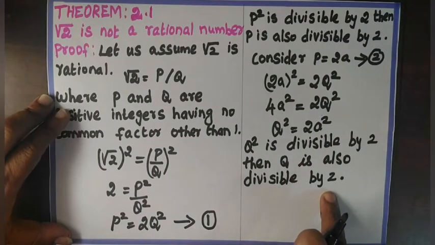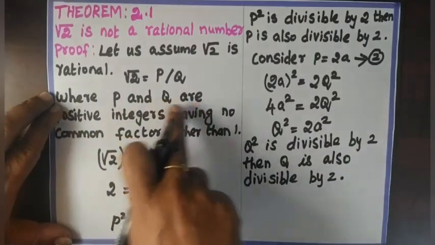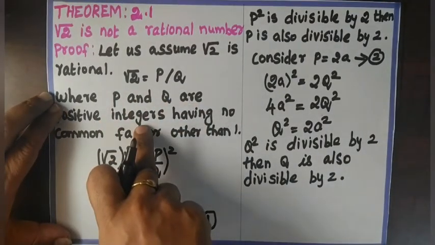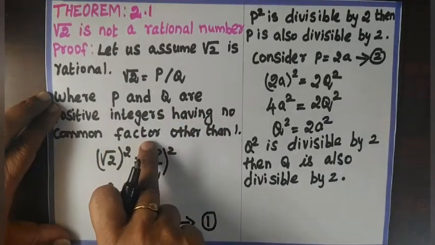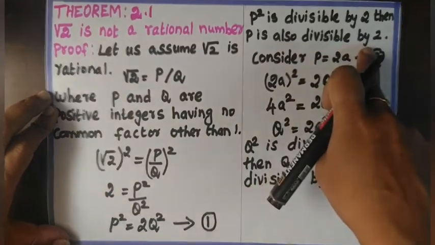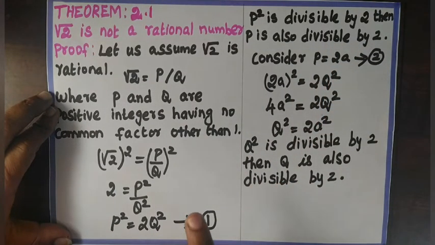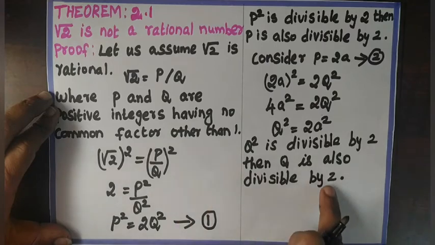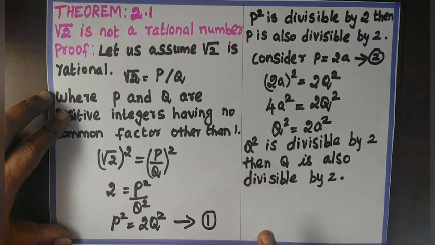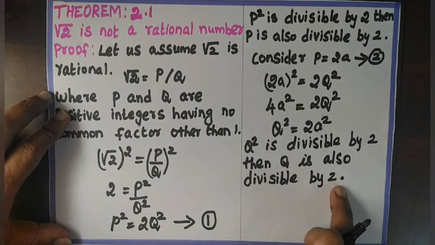But in the beginning, what have we assumed as p and q? p and q are positive integers having no common factor other than 1. But p is divisible by 2 and q is divisible by 2. Here we have a common factor 2.